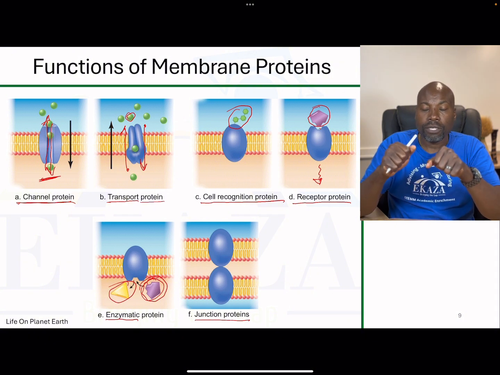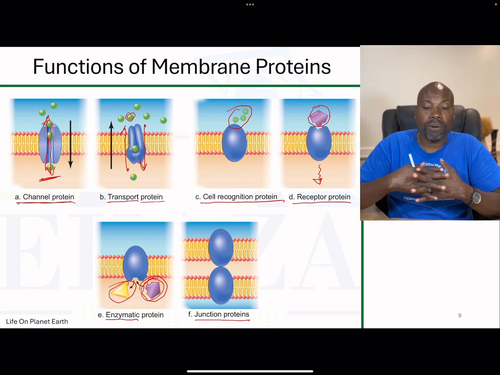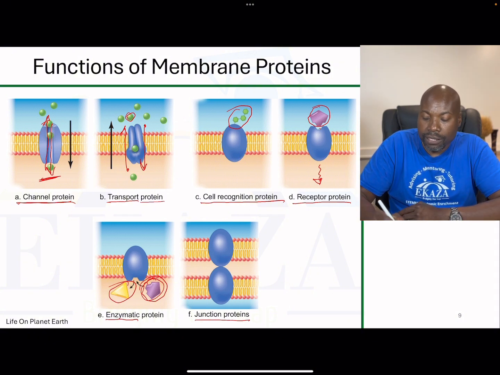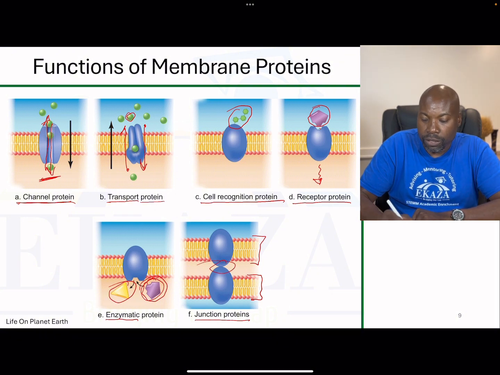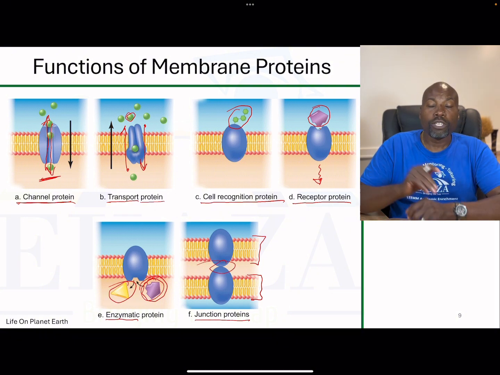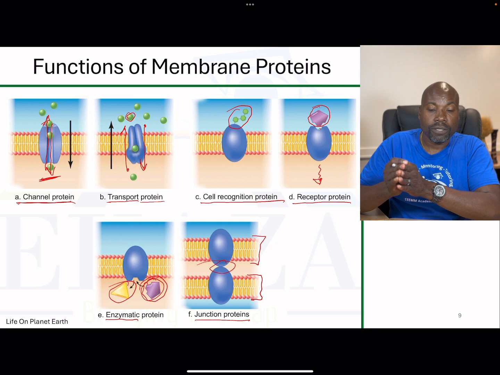They have junction proteins that bring them together, right? This is the plasma membrane of one cell, and this is the plasma membrane of another cell, okay? And they are connected together through here, all right? So these are the functions that are part of the membrane proteins.